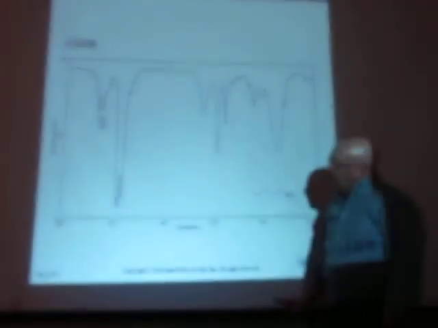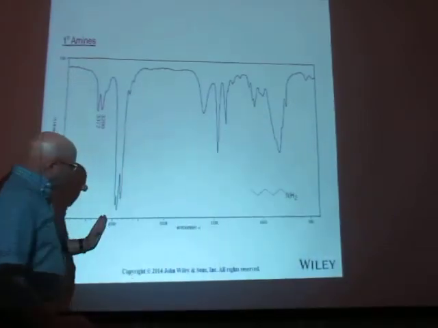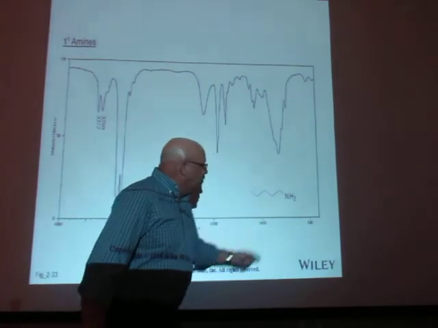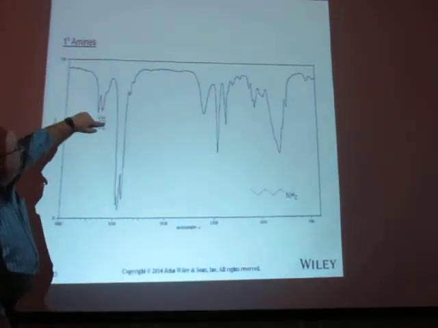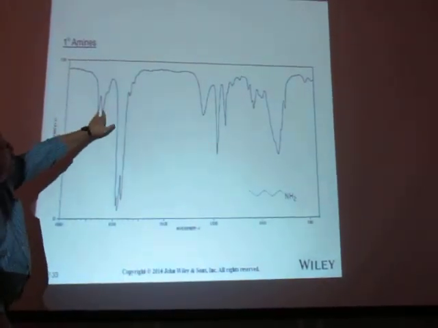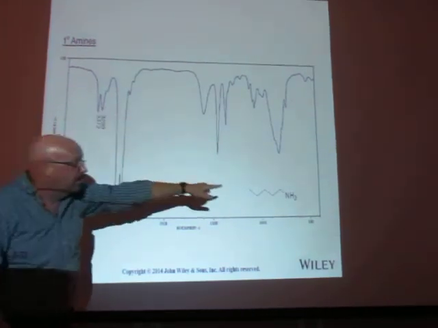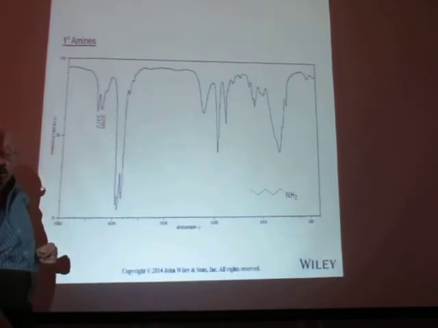So let's look at an example here of a primary amine. With this one, let's go to 3000 first. Right below 3000, sp3 CH stretching, that's all the alkane portion. Here at 3200 and 3372, those are our NH stretches. We have two of them, so that's telling us that it's a primary amine.